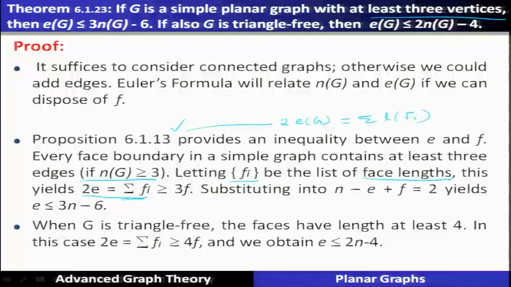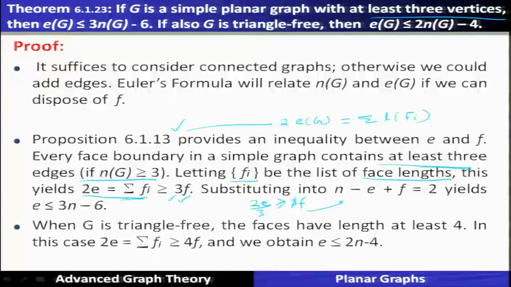Now, you know that every face has length at least 3, that is, 3 edges in a simple graph, and f is the total number of faces. So, 2E is greater than or equal to 3f, then f is bounded by 2E by 3.